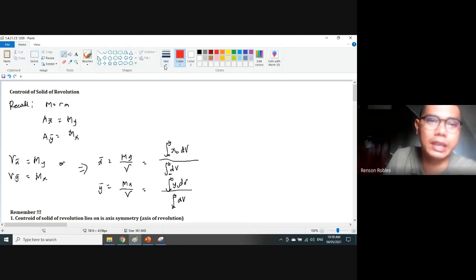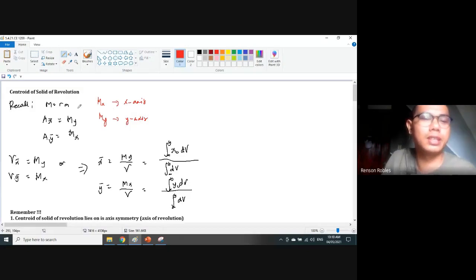And we have two moments. We have moment in X, and moment in Y. When we are referring to moment in X, we are looking for the moment with respect to the X-axis. And moment in Y, we are looking for the moment with respect to the Y-axis.